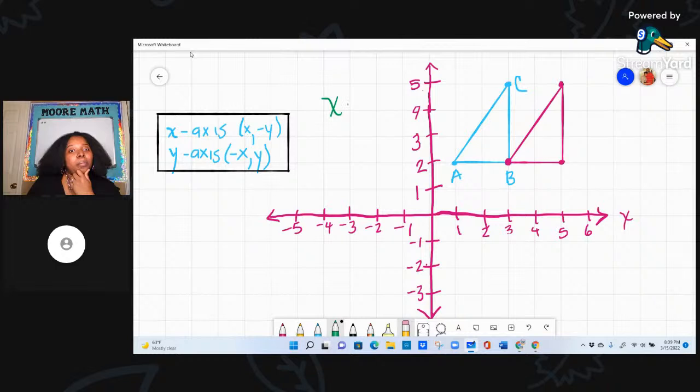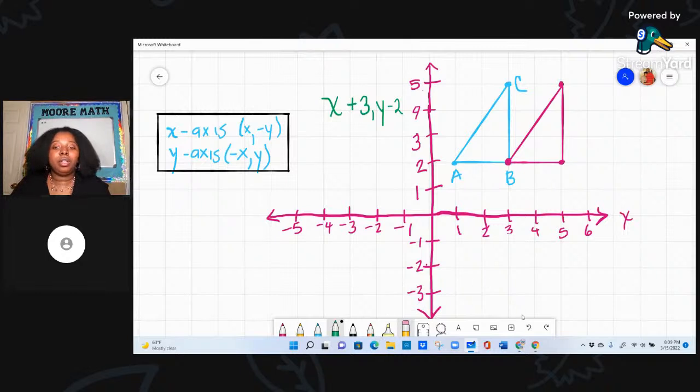Okay. Now, if I said x plus 3, y minus 2, have they done this with you, like first translation? Oh yeah. Okay. So I want you to give me that translation for this figure.